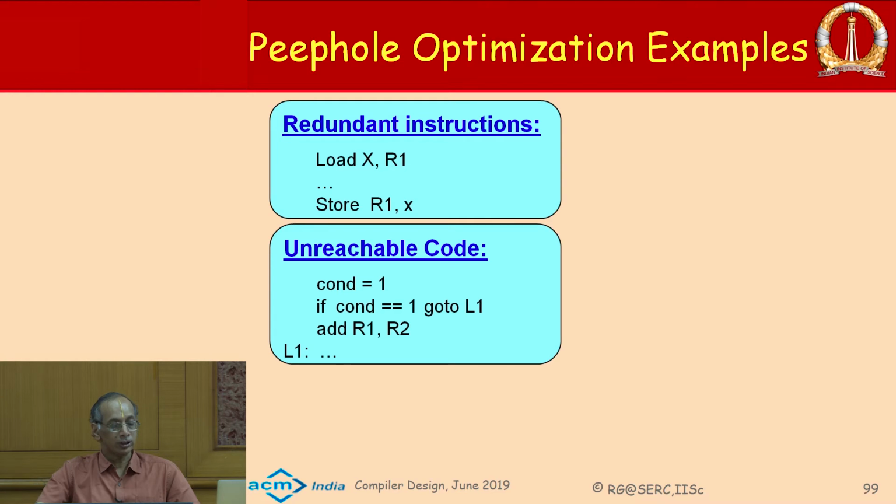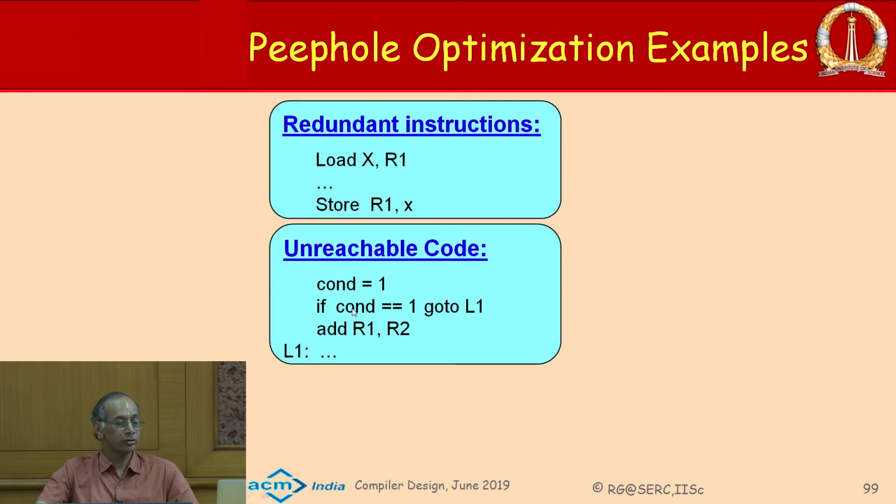Now, let us look at this piece of code, right. I have condition equal to 1, if condition equal to 1 go to L1, do this, right. Now, will this code ever be executed in this situation? No, right, because condition is 1 and then you are going to go to L1.